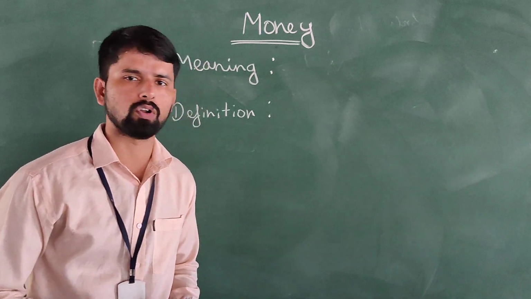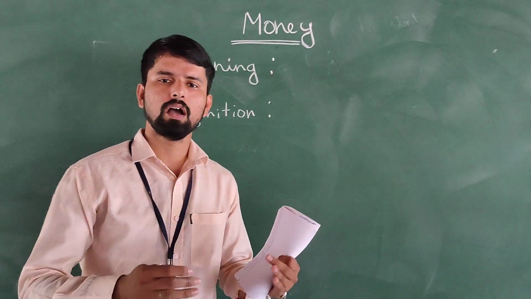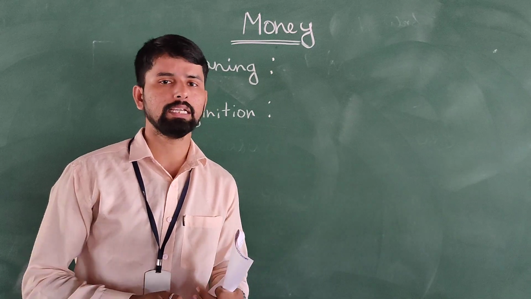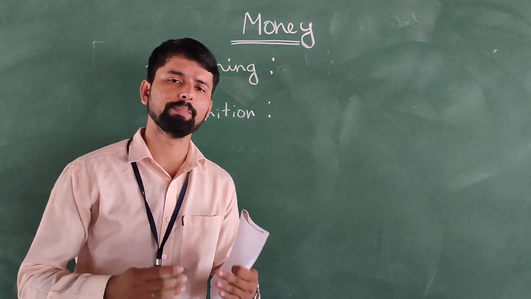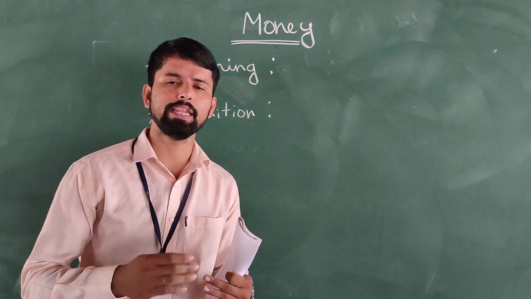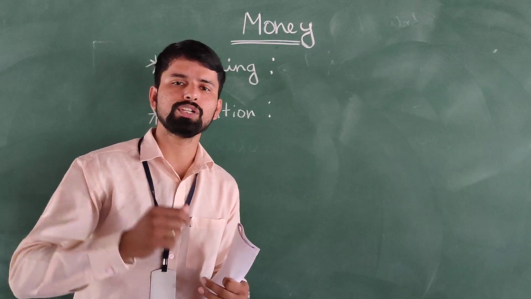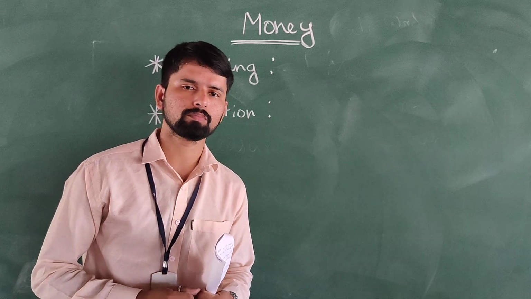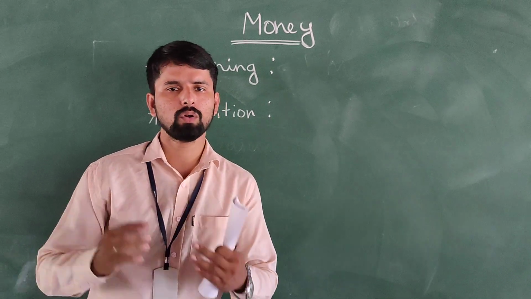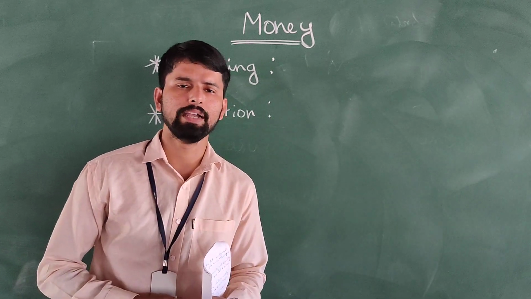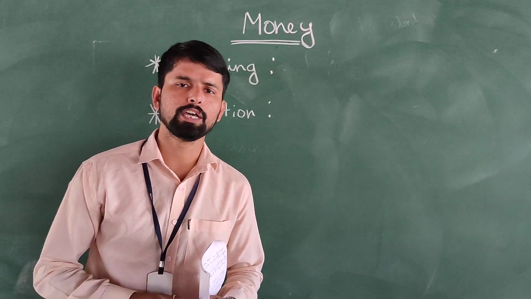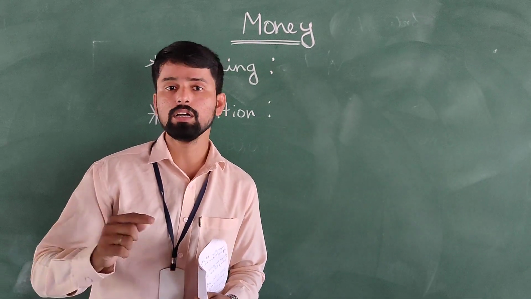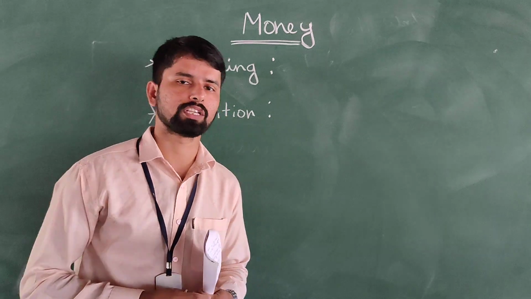So according to economics, money is any object, any kind, or any record which is generally accepted or in general use for the payment of goods and services and also the repayment of debt in a socio-economic context.